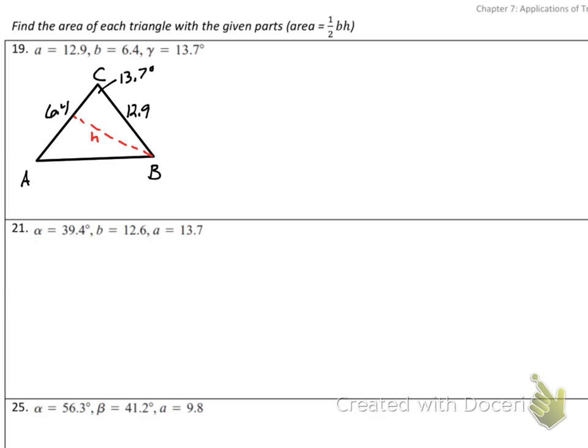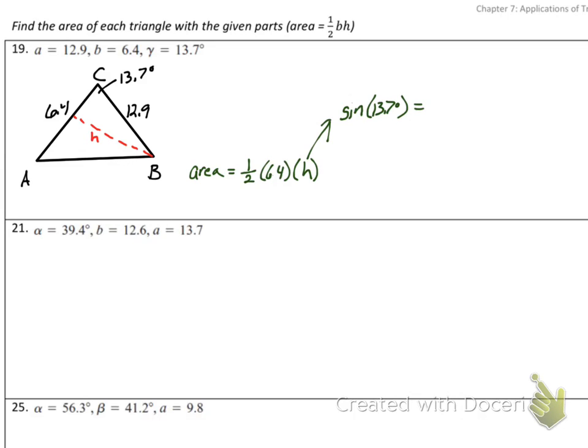Whatever you find for h, your area is going to equal half of that base, which is 6.4, times whatever you get for that h. To find that h, you're just going to do sine of 13.7 degrees.